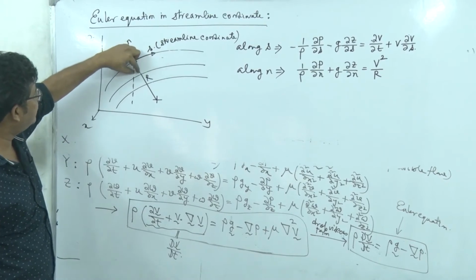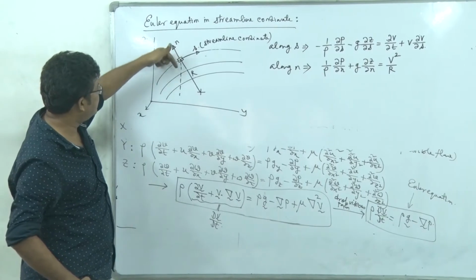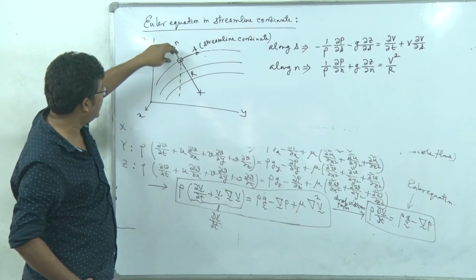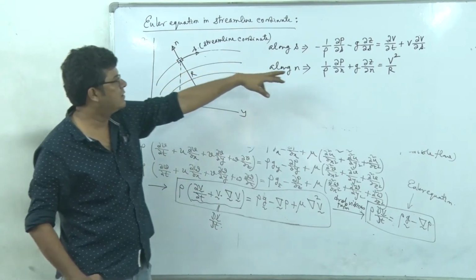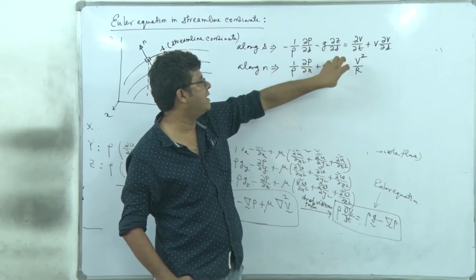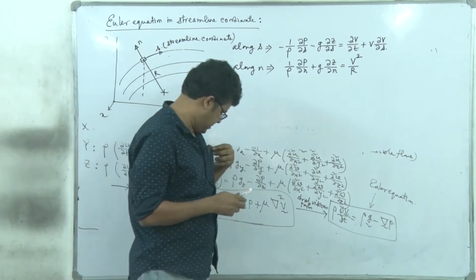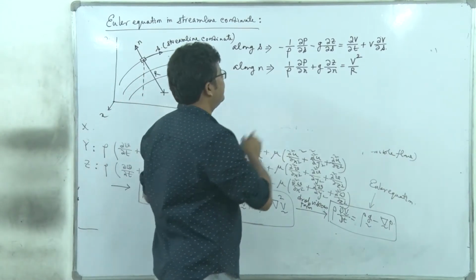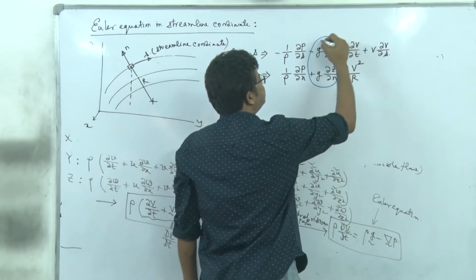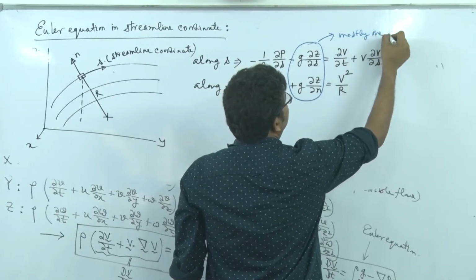If I think that this is beta, so there is a gravitational term g, and we are taking the component along S, we can also take the component along N. So from there, this beta can be expressed in the form of the derivative del Z del S and del Z del N. So in most of the cases, because it is inviscid, these two gravity terms mostly are to be dropped.